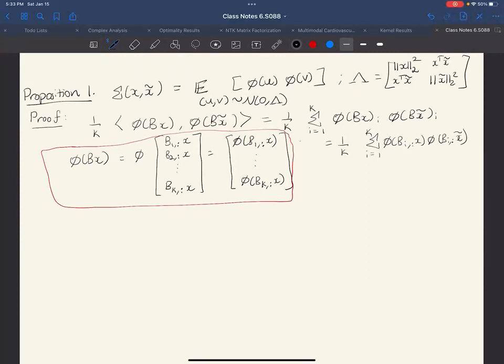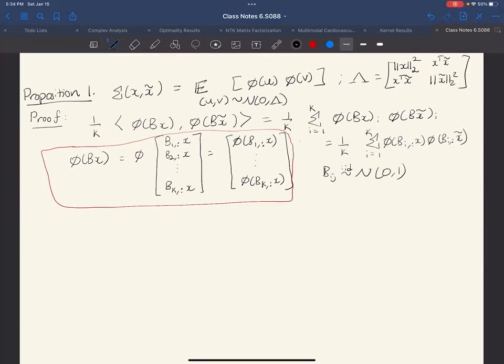Okay. But now, all of these entries of b_i, keep in mind that b_ij was just drawn IID from a standard normal distribution. And so if I look at all of the b_i's, the ith rows of b, these are all isotropic Gaussian random vectors.